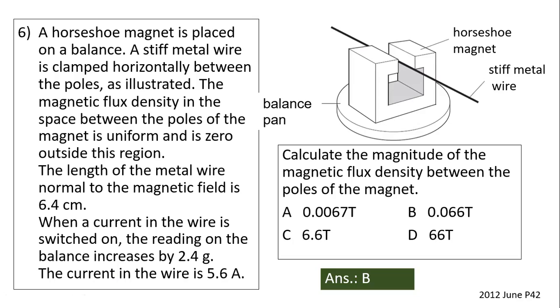When the current in the wire is switched on, the reading on the balance increases by 2.4 gram. So increases means the force is pushing down. The current in the wire is 5.6 ampere. Calculate the magnitude of the magnetic flux density between the poles of the magnet. Right, so answer is B.